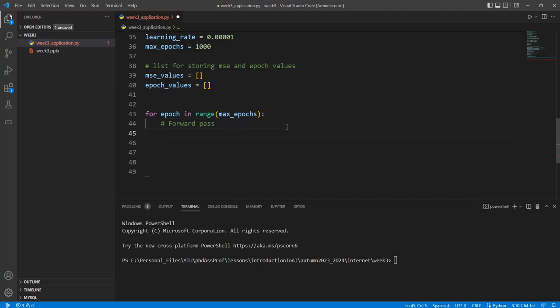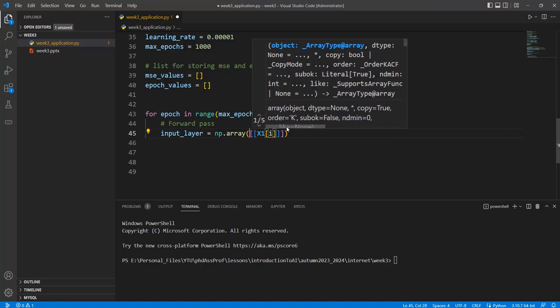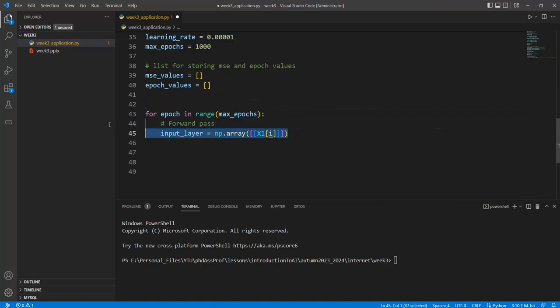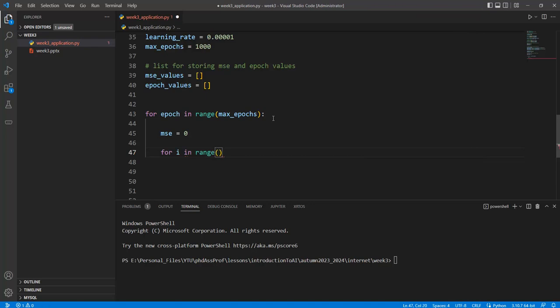For example, if we have the input layer in here like this one, np.array can be given by these terms, and also x1i. The MSE should be set to 0 in here, because we initialize the whole error values at each iteration, and after that we need to give i in range of num samples.